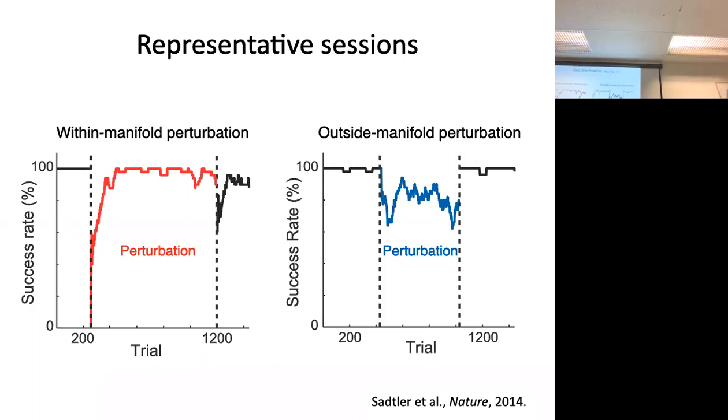Just a quick question. Can you remind me how you obtain the outside manifold perturbation? Do you just shuffle the neurons? Yes, we shuffle the identities of the neurons. One way to think about it is that two neurons that used to be positively correlated would now need to show negative correlations.